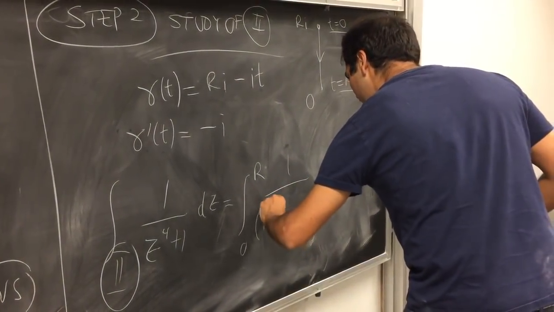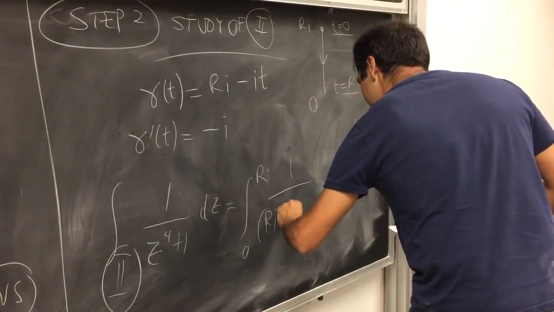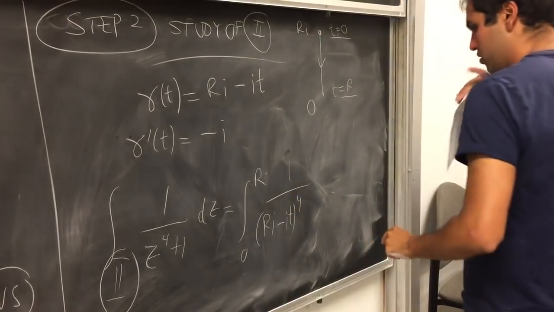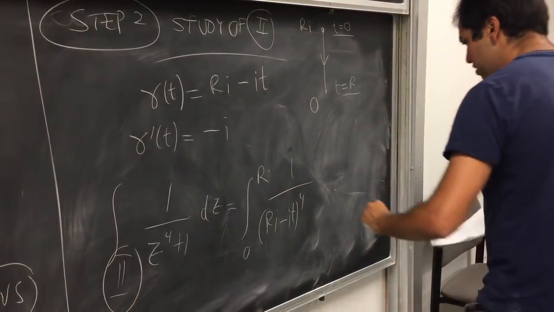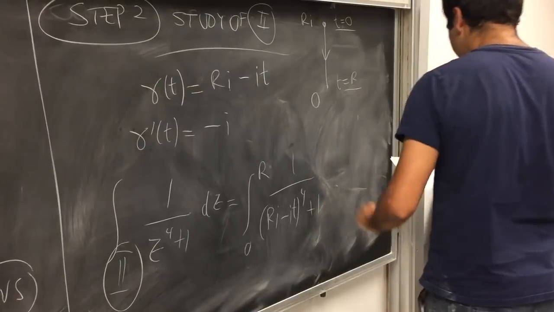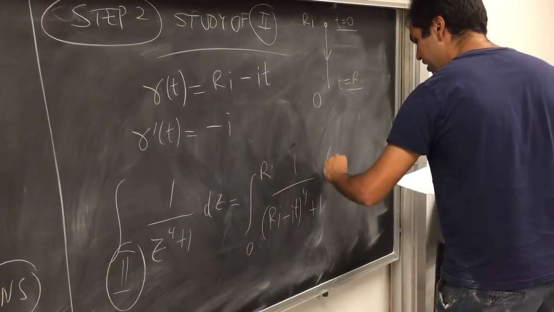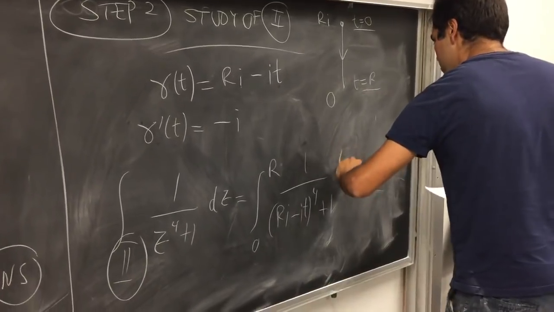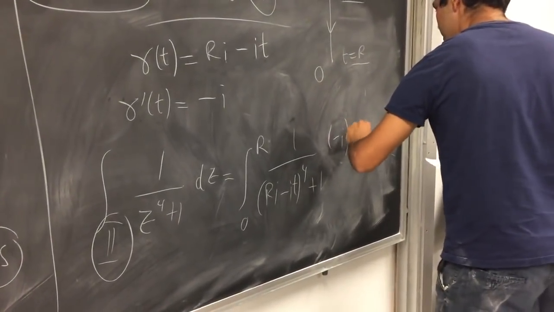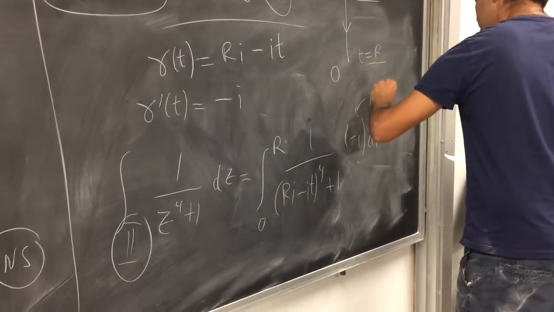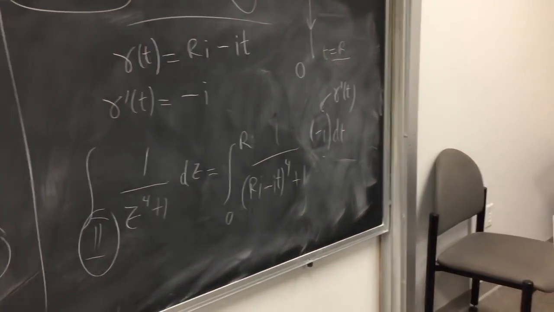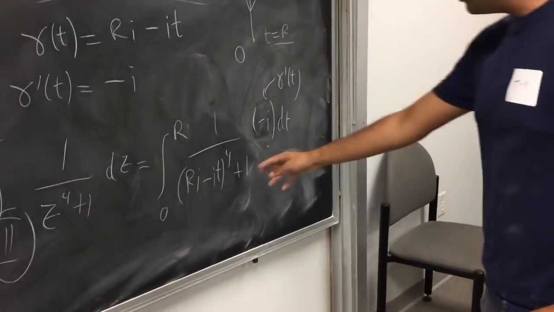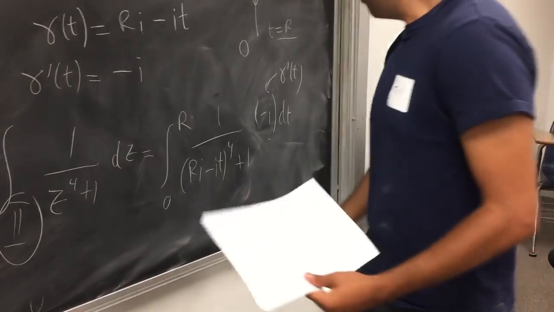So 1 over (Ri minus it) to the 4th plus 1, and then minus i, which is phi prime of t, dt.